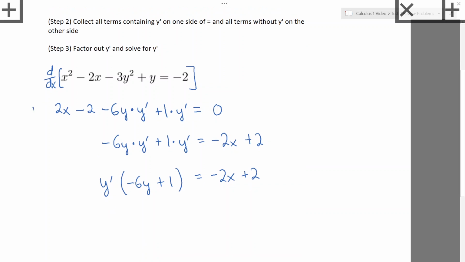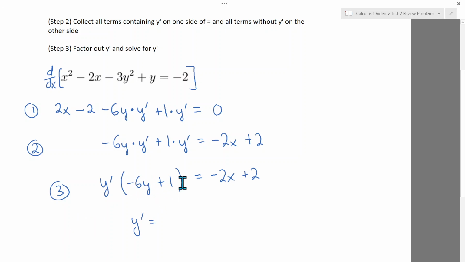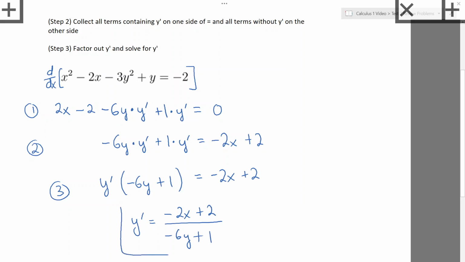Alright, so this was step 1, this was step 2, and now this is step 3. So I can solve for y prime, right? So I need to divide by this thing over to the right side. So you get minus 2x plus 2 divided by minus 6y plus 1. Okay, so now we find the derivative.